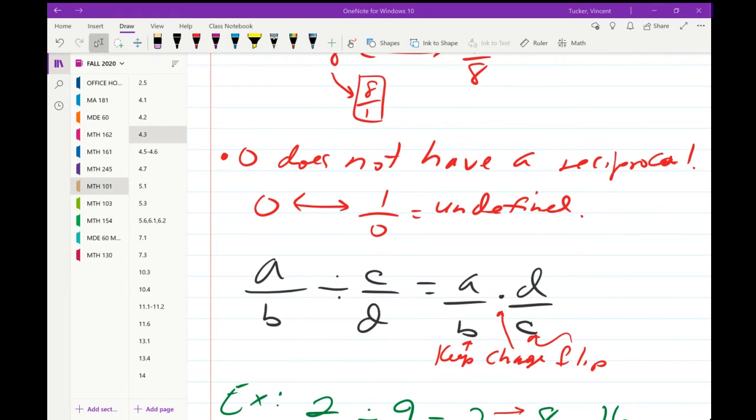Well, no, if you divide anything by 0, it's undefined. So you wouldn't even waste your time. In other words, let me go back to the notes. So if I have 5 divided by 0, you don't even waste your time. That's just undefined. Okay, gotcha.